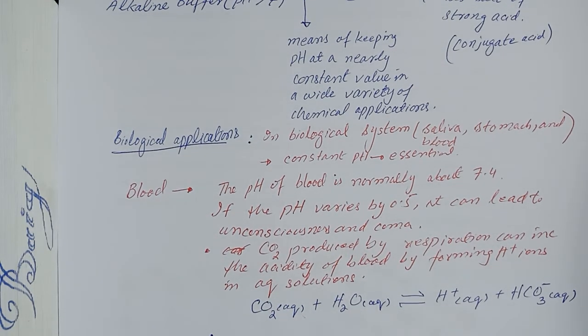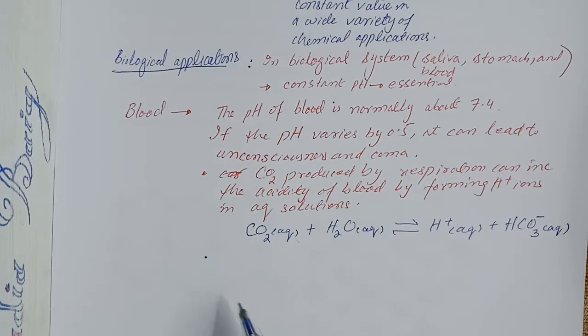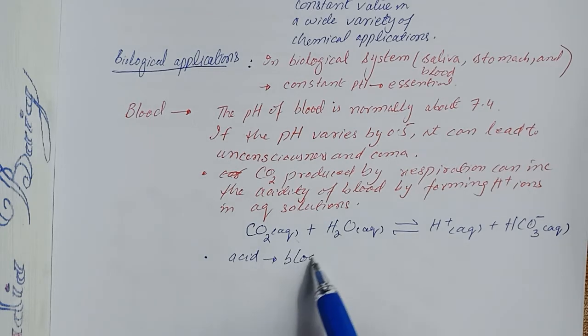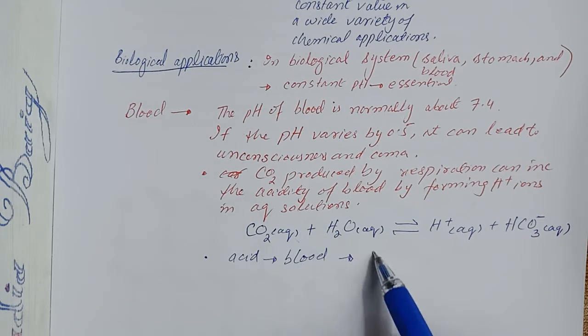So let's see, if we add acid to blood, it will generate an excess of protons.